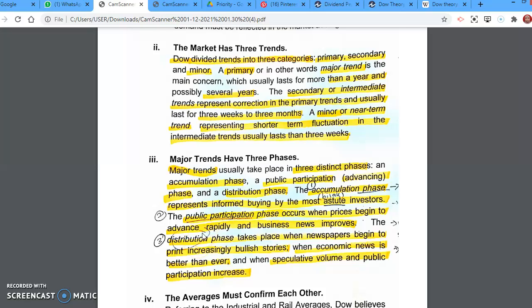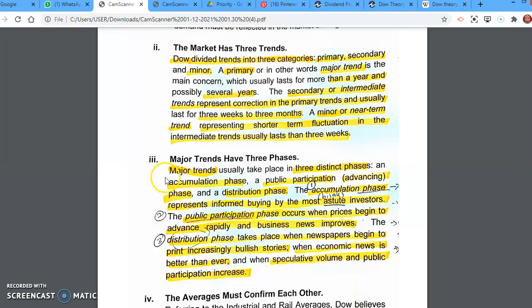So, fasa ketiga inilah fasa di mana spekulasi mula berleluasa dan investors sudah mula melepaskan dia punya pegangan share kepada public secara umumlah kepada investors di luar sana di pasaran. Okay? Sebab di sini dah mula speculators masuk dan cuba untuk mengambil peluang membeli dengan secara pukal ataupun menjual sesuatu share dengan secara banyak dan sebagainya. Okay, ini adalah fasa yang ketiga.